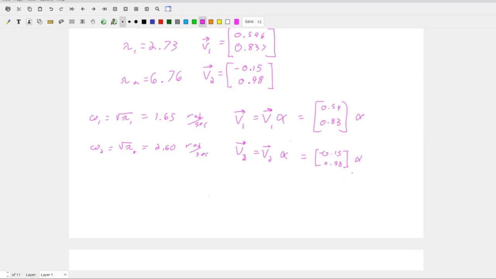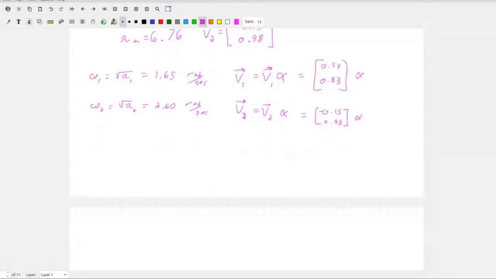Okay, so we have to find a value for alpha, right? So we want to normalize these with respect to the mass matrix, which is what we do in the generalized eigenvalue problem. So for that case, we're going to have a 1, because this is all for plotting, right?